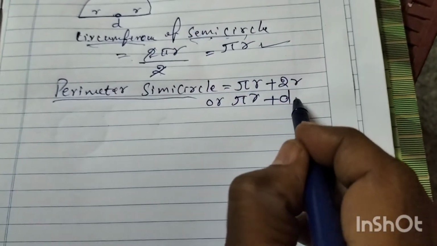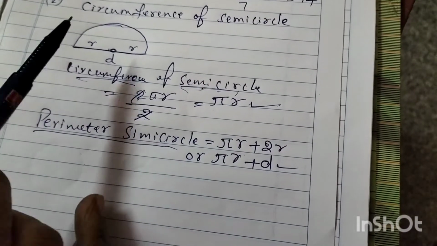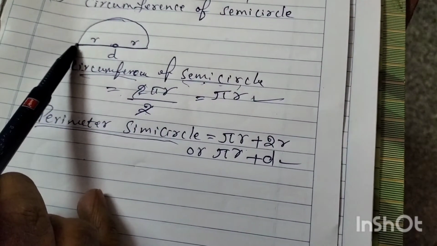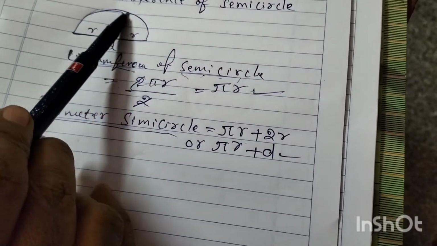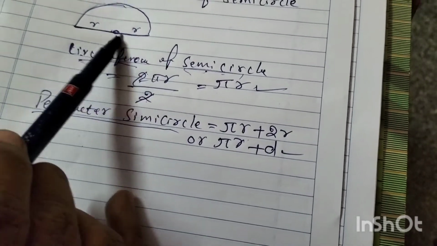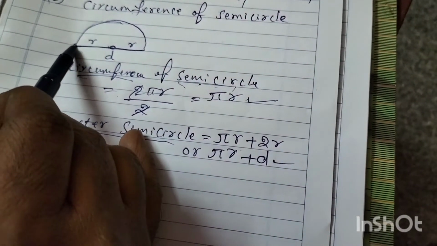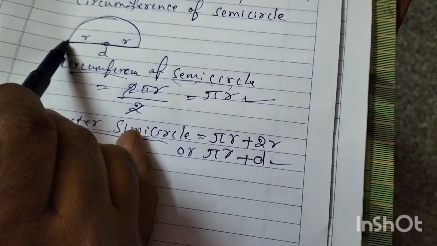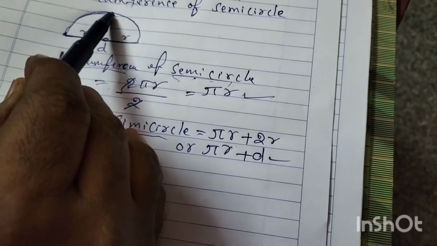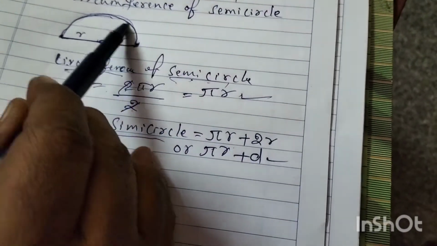These are different formulas. Let us understand deeply. Circumference of semicircle means this curve path only. It does not contain this diameter. Suppose a person starts at the semicircle path, walking along this curve, and he reaches here. Yes, it is only circumference.